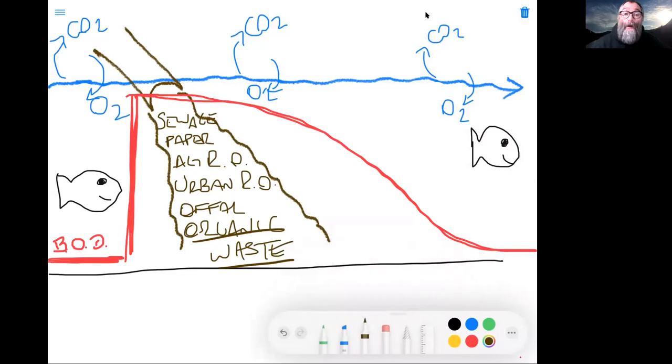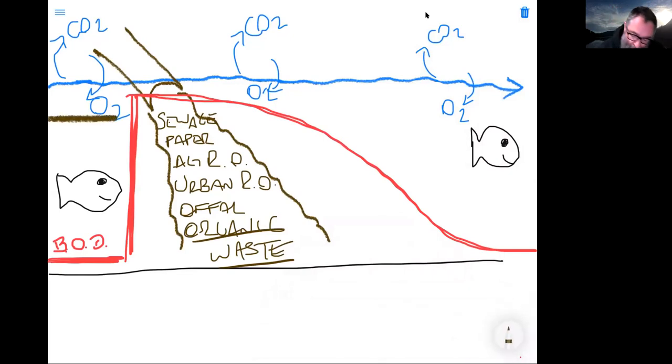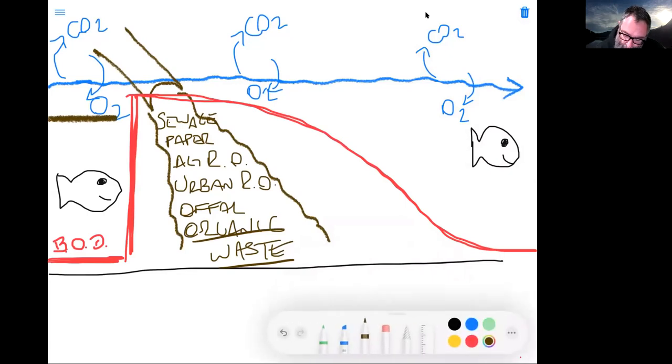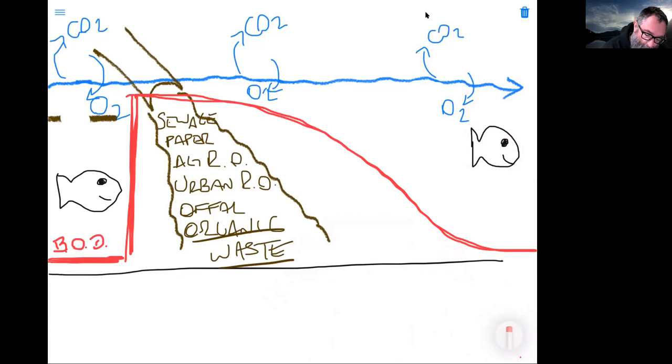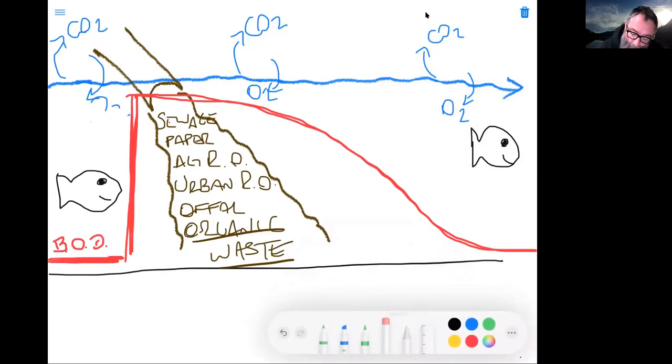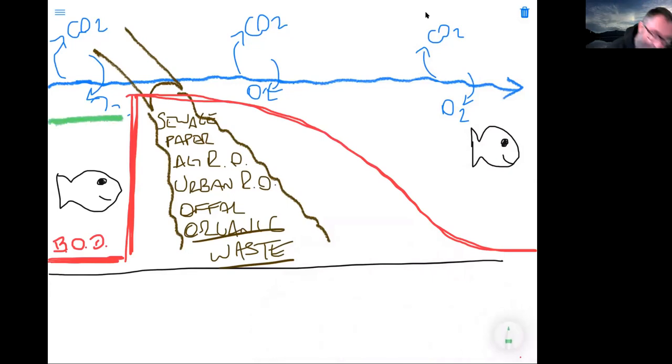Okay? Now I'm going to add a different color. I want to measure how much oxygen is in the water. And remember, back here, that's a lot. If we start back here, we're going to have high levels of dissolved oxygen, right? Because there's not much using the oxygen.